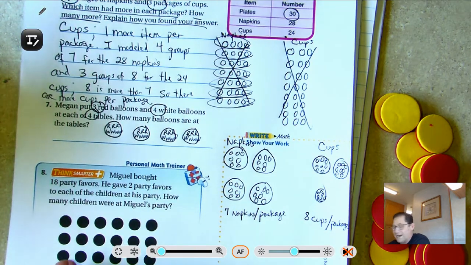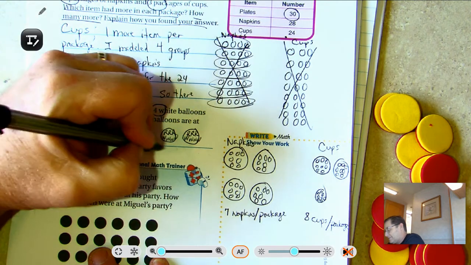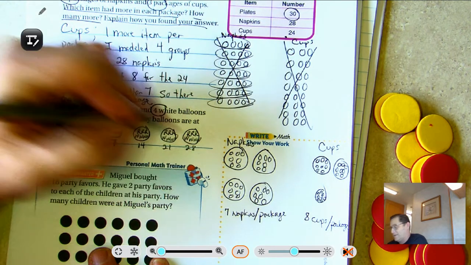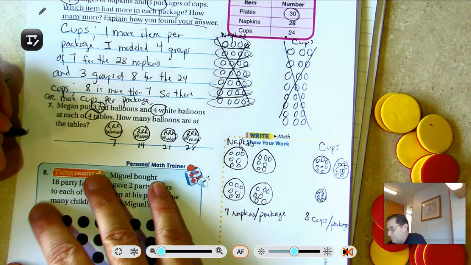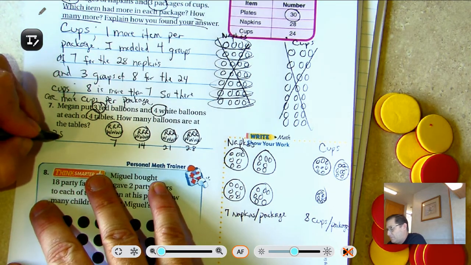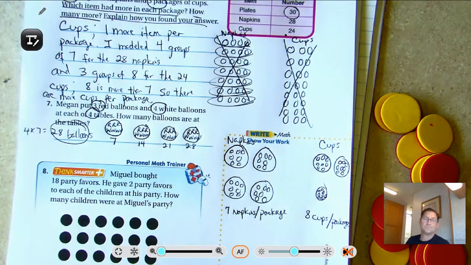How many balloons are at the tables? 7, 14, 21, 28. Good, because there's 7 at each table, so 4 times 7 is 28 balloons.